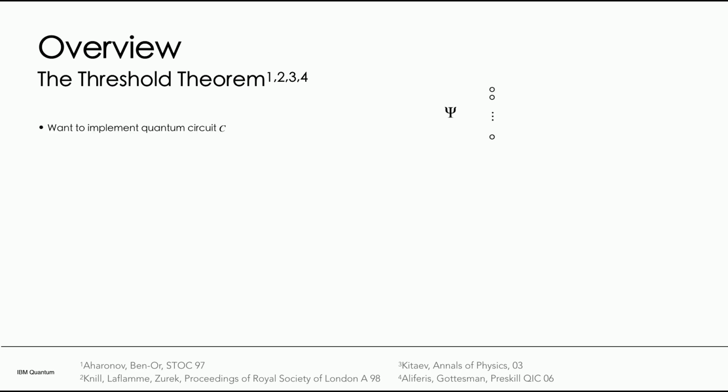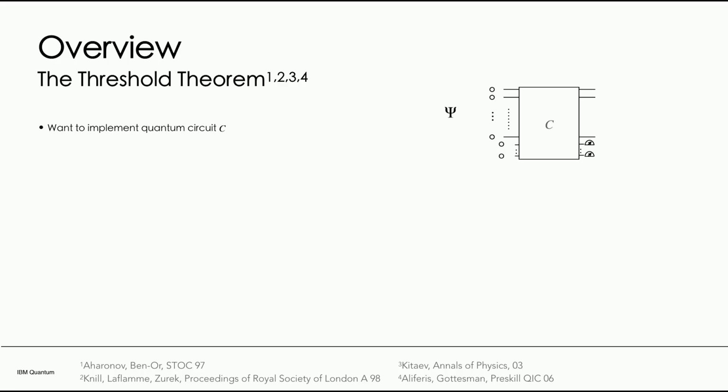So to motivate the threshold theorem, we are going to start by thinking about a quantum circuit C that we might want to implement. The circuit C runs a quantum algorithm. In generality, what the circuit C does is take as input some quantum state psi and perform a series of operations. Each gate in the circuit is constructed using 1 and 2 qubit gates drawn from some finite gate set.